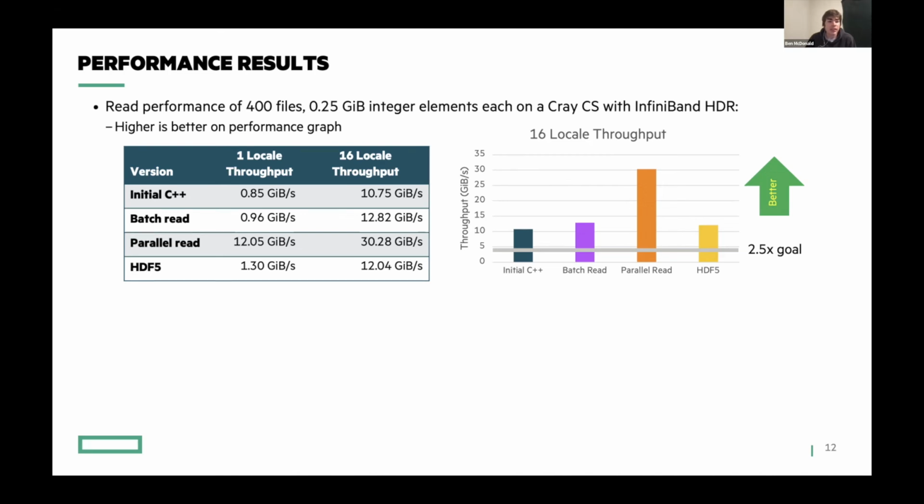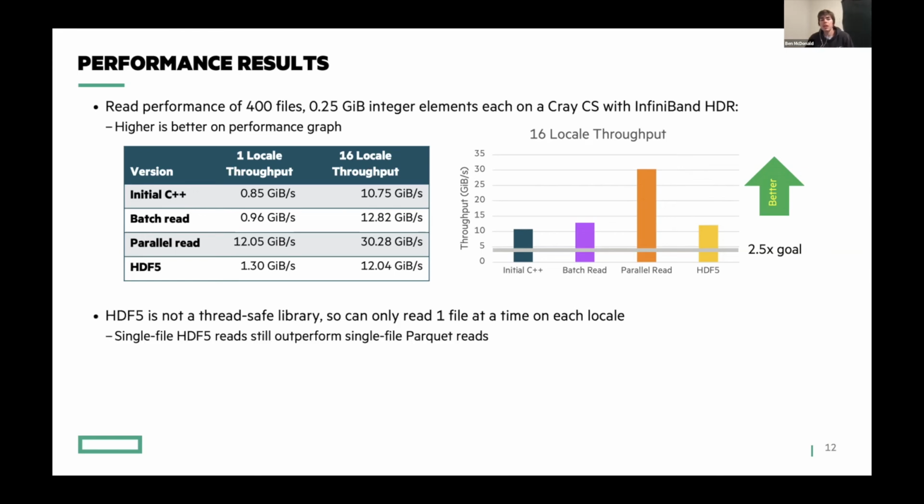It's similar on the 16 locale throughput, where we see significant performance improvements from the parallel reads, but a little bit more modest improvements from the batch read. And both are significantly outperforming HDF5. There's a couple of reasons for this, but I think the biggest one is that HDF5 is not actually a thread-safe library.